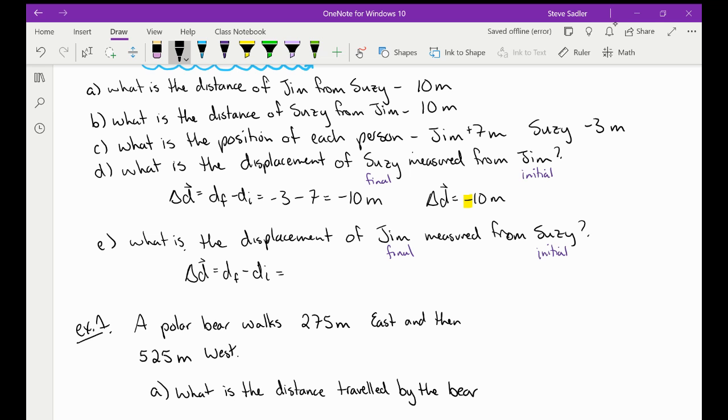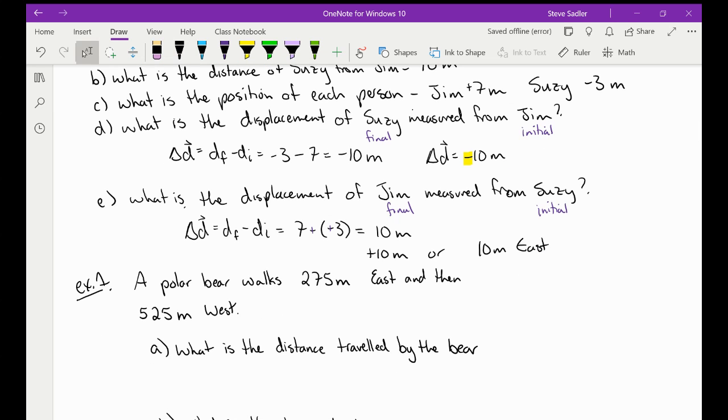We know Jim's position is at 7 meters. Subtract Susie's position, which is at -3. So when you subtract a negative, you can chop chop. And you've got 7 plus 3 is 10 meters, or positive 10 meters, or even 10 meters east if we are going to use east and west as our directions. So either one of those works really well. And that's kind of the difference between distance and displacement.